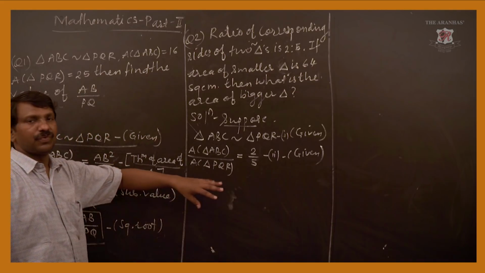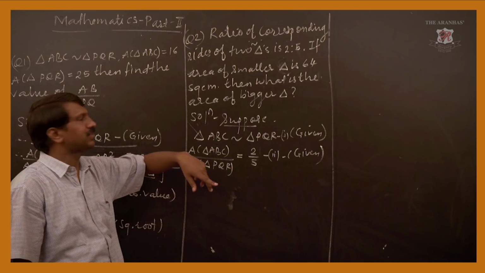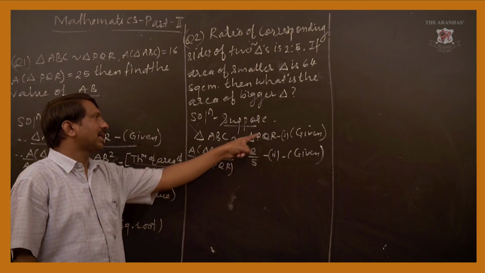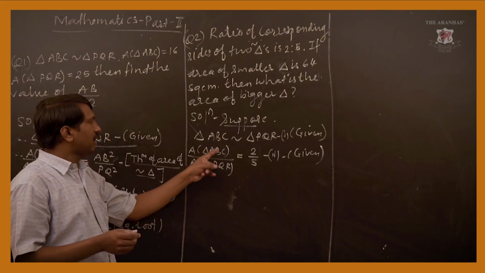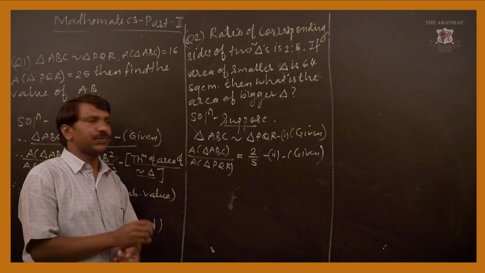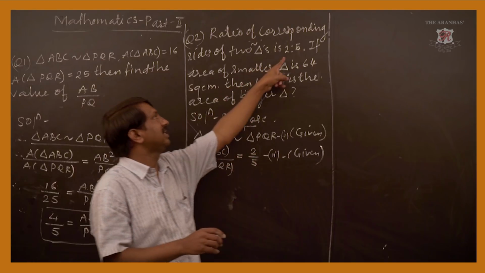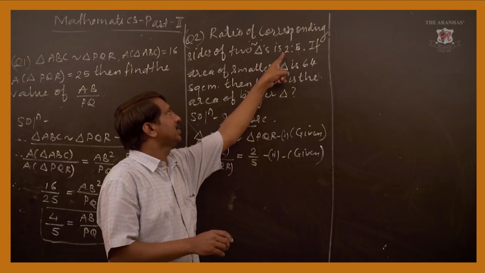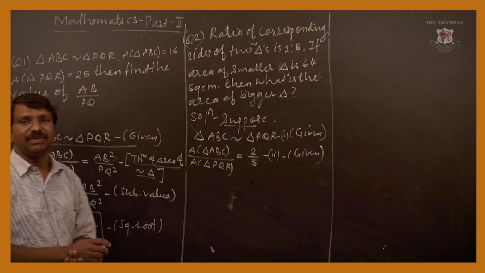We assumed, we guessed here, let's suppose triangle ABC and triangle PQR are the required triangles which are similar to each other. Area of triangle ABC upon area of triangle PQR equals 2/5. It is written in ratio form, so the first is the numerator and the second is the denominator.